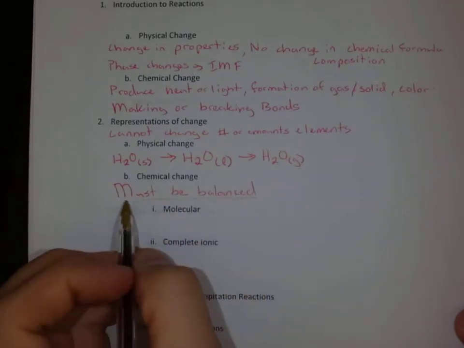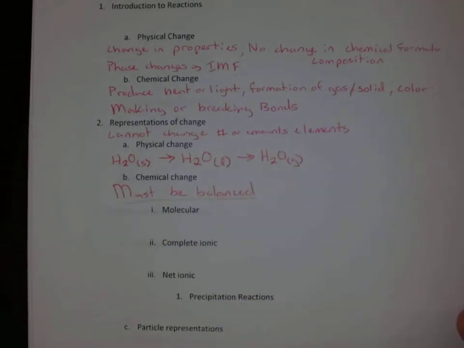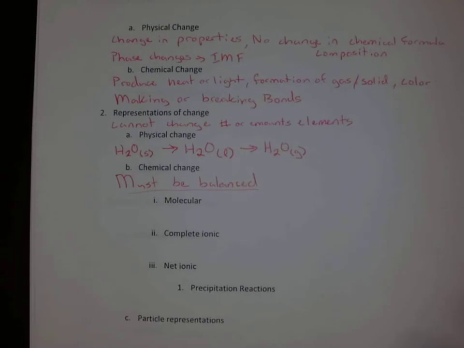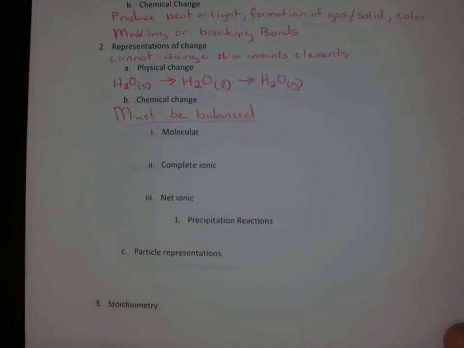So anytime we have a reaction, right, we have to use a balanced chemical reaction. Okay? So if we don't remember how to balance chemical reactions, we're going to have to look that up, but it shouldn't be too hard. Okay? We should remember how to balance our reactions. Right? But anytime that we have a few different types of our chemical reactions.